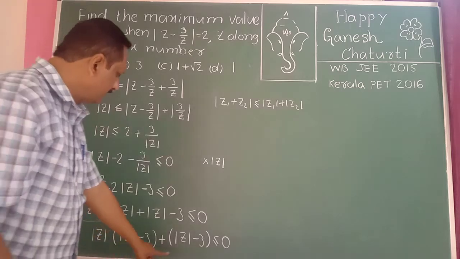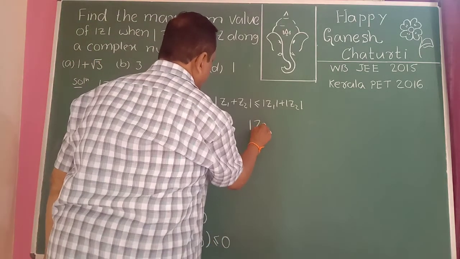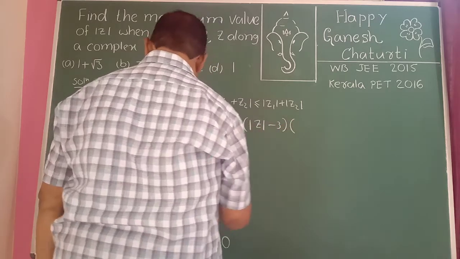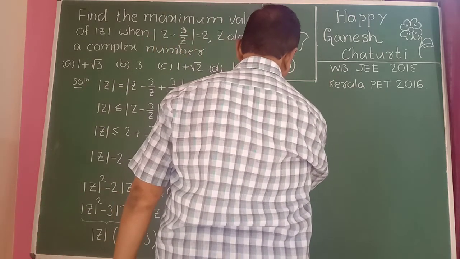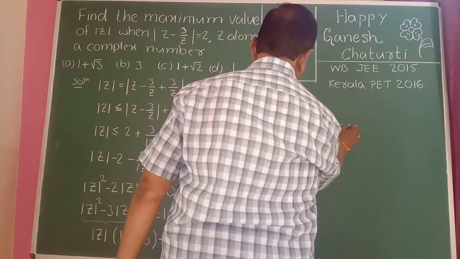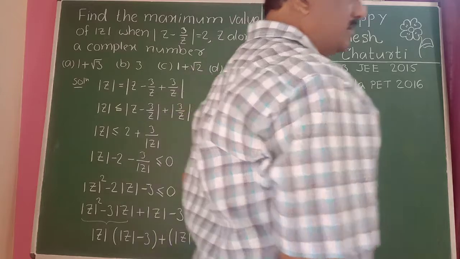Again modulus of z minus 3 is the common factor; in the bracket you write modulus of z plus 1, less than or equal to 0.